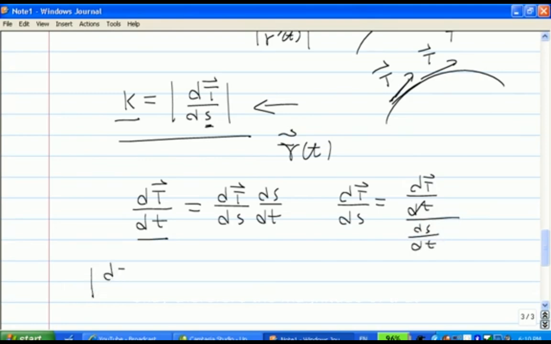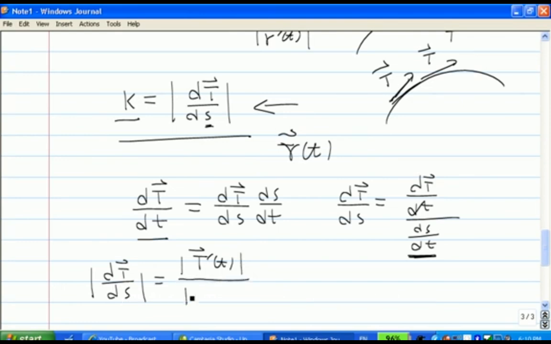Therefore the magnitude of that, since the denominator is a scalar, will give you the magnitude of T prime t over ds/dt. You take the magnitude of the whole thing.